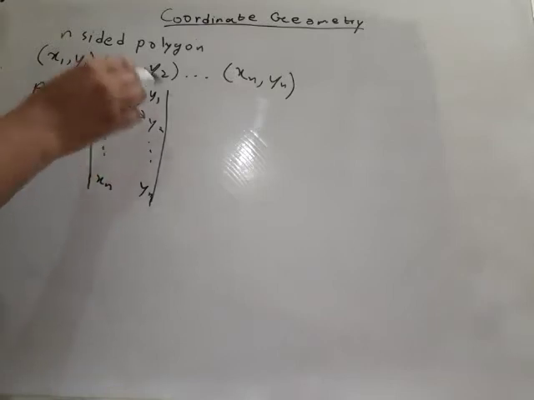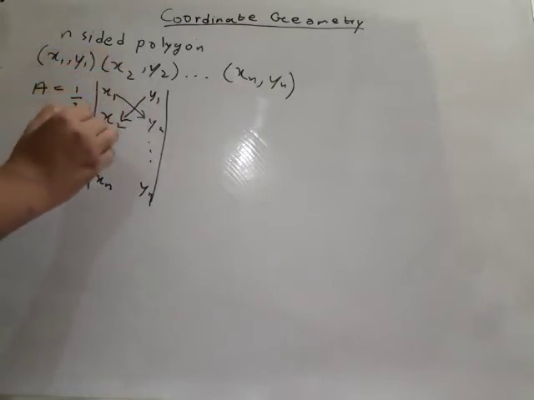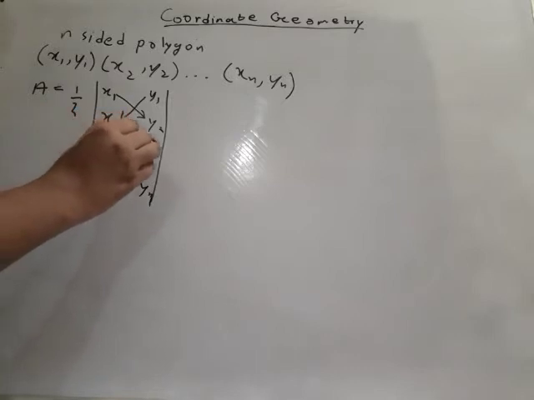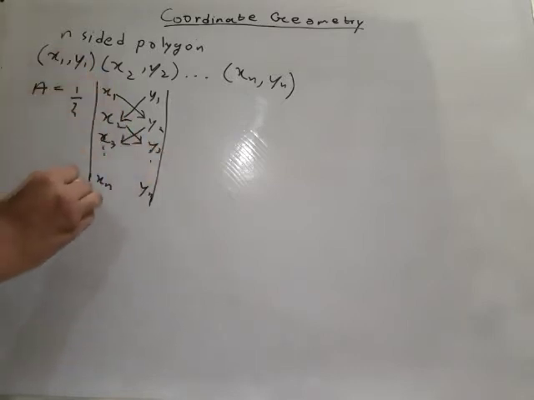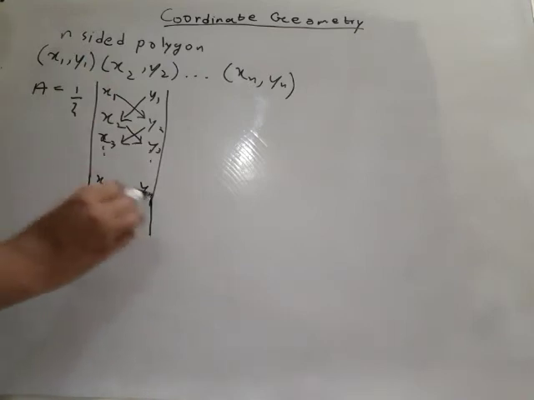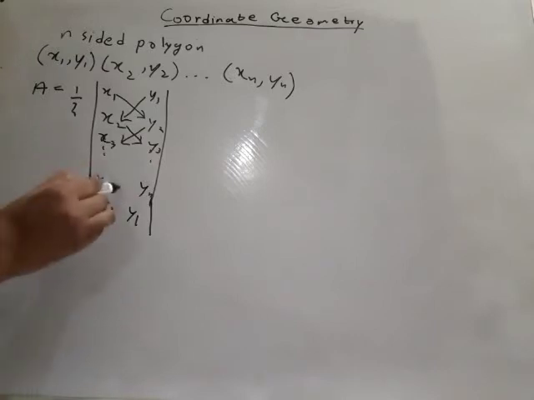Similarly, here if there is x3, y3, it will continue like this up to xn, yn, but xn, yn will also go with x1, y1.